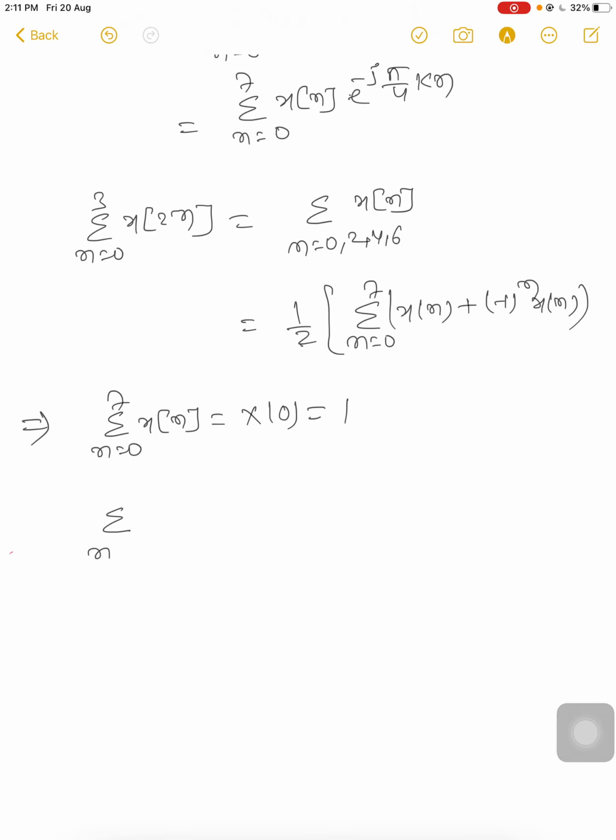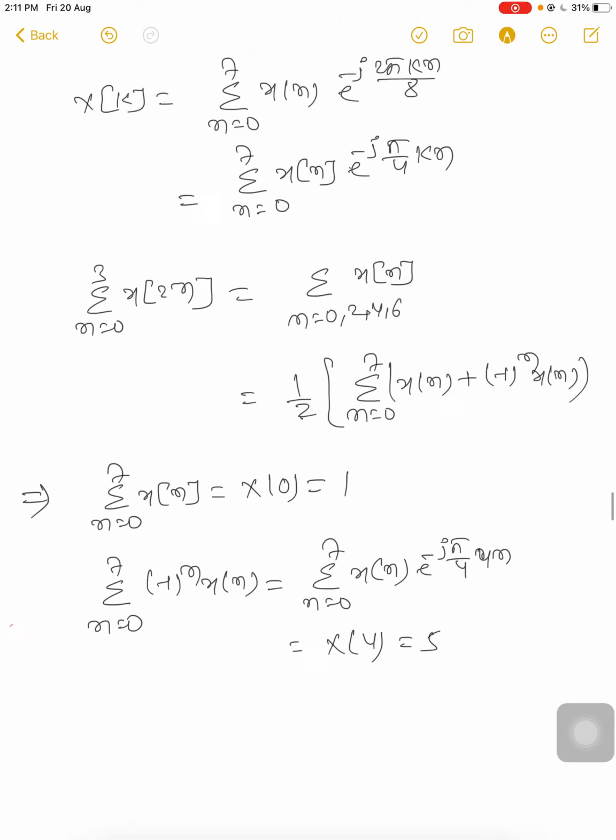Now the summation for n = 0 to 7 of (-1)^n x[n] will be the summation for n = 0 to 7 of x[n] e^(-j(π/4)4n).